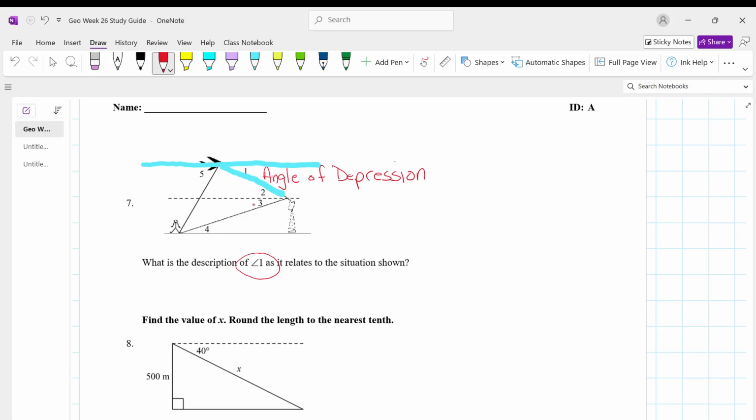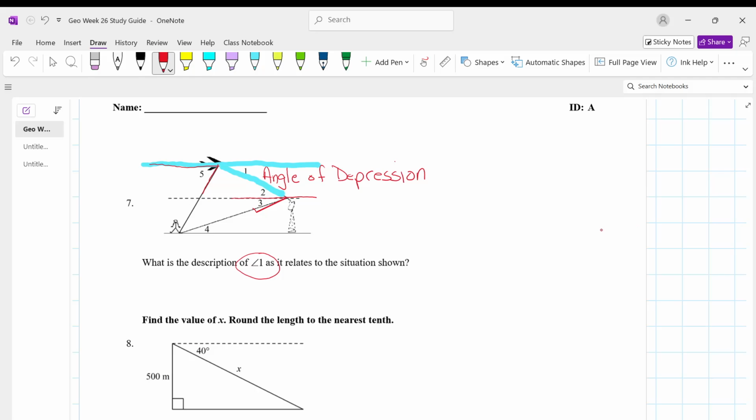Angle 3 in here is also an angle of depression. It's formed by a horizontal and an angle looking down. Angle 5 is formed by a horizontal and an angle looking down. Okay, so angle 1, angle 5, and angle 3, those are angles of depression.